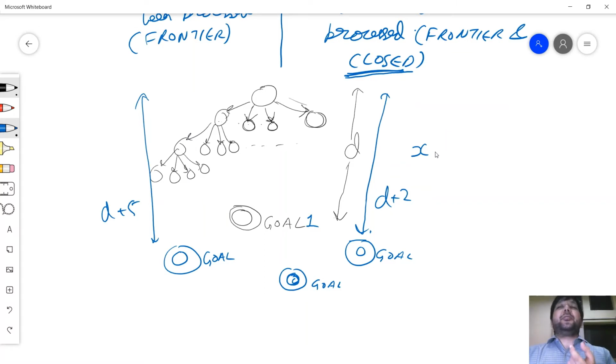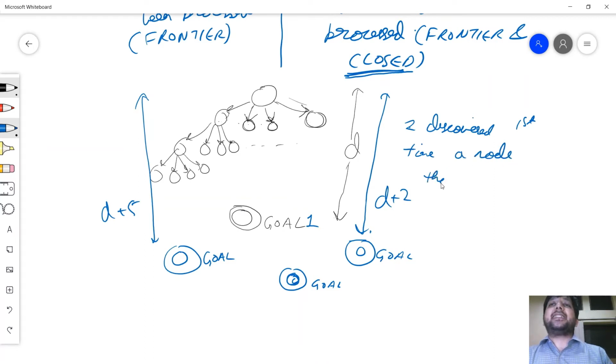I look at this node and it is a goal. So let us say a surprising thing happened during search. I discovered, for the first time, a node that satisfied the goal criterion.